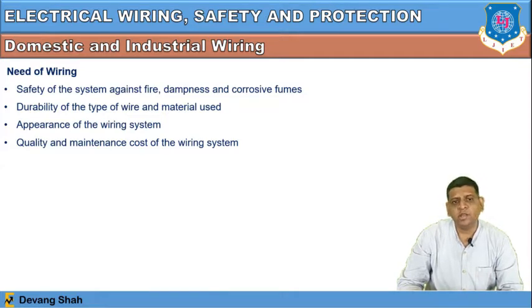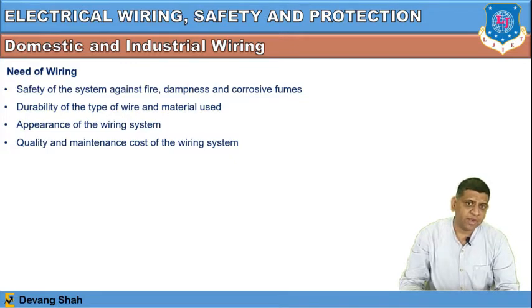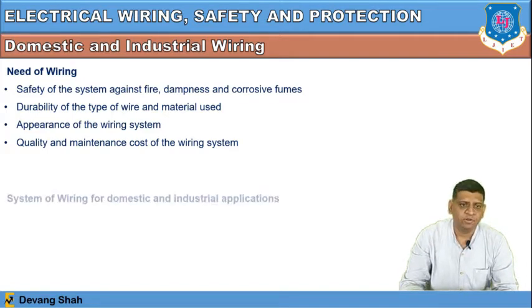So how do they connect from the main supply, let's say from the grid, to the input of appliances? That is through the wires. So here we need to take care of methods by which you can do a proper installation of wiring such a way that you get these particular advantages. That's why we have to understand the need of wiring.